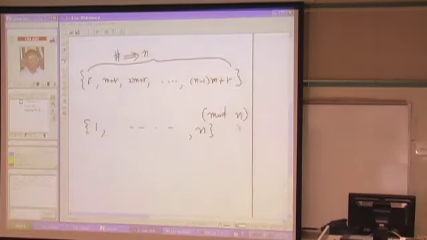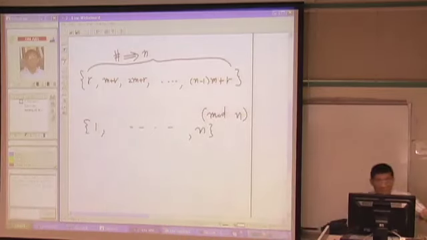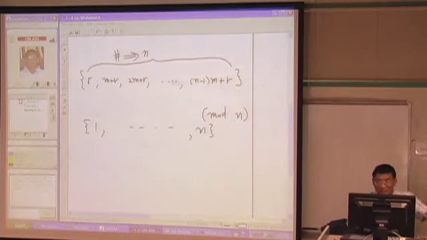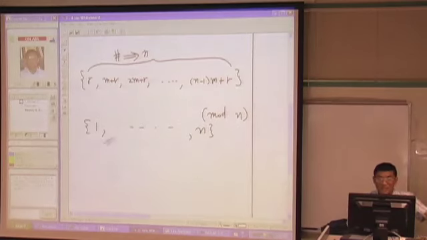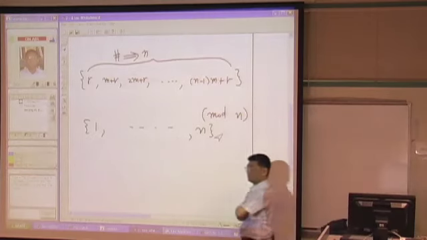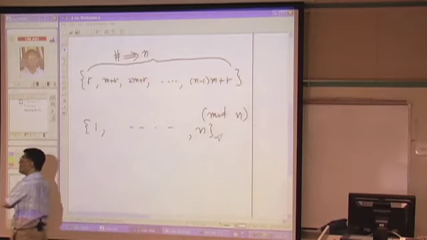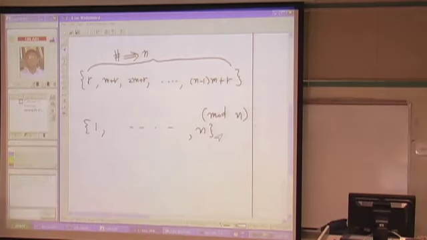So the only thing remaining is showing that the set given here, having a total of n numbers, is nothing but 1 through n. That's the only remaining. So to do it, what I will do is use the pushing technique.